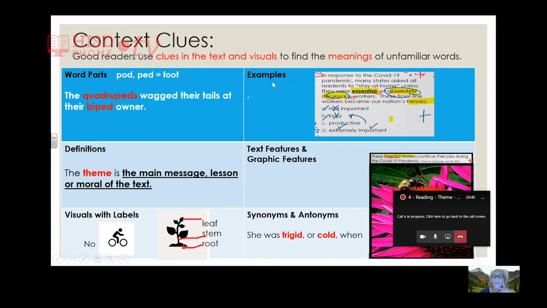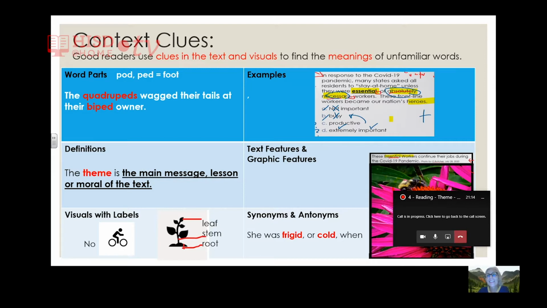Or you could go to something like we did last week, the examples. In this one, it said, in response to the COVID-19 pandemic, many states asked all residents to stay at home unless they were essential. So I have to know, what does essential mean? Or absolutely necessary workers. Gosh, there's commas. That's setting it off as a positive.